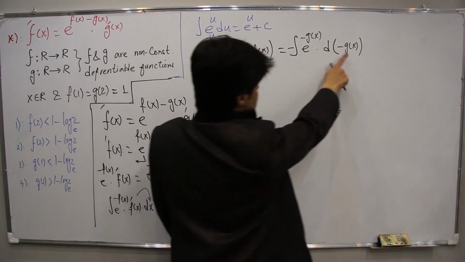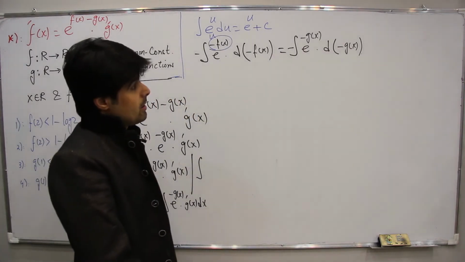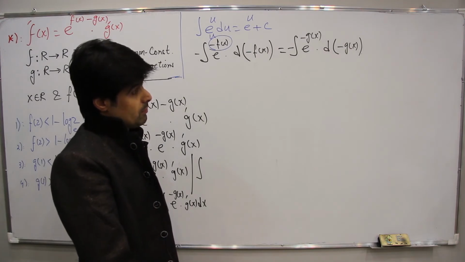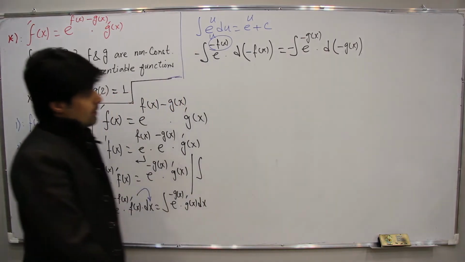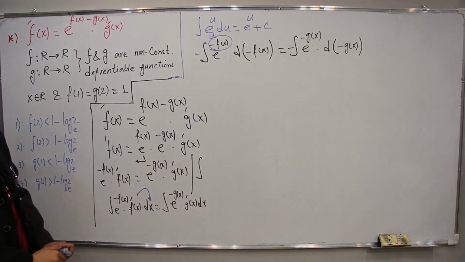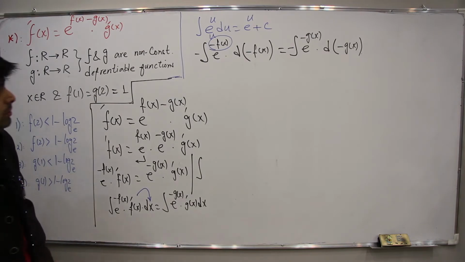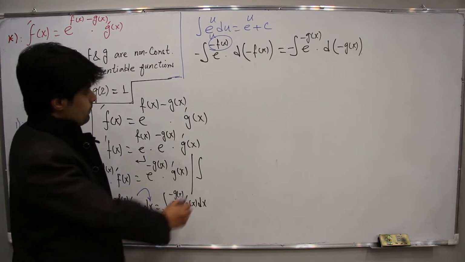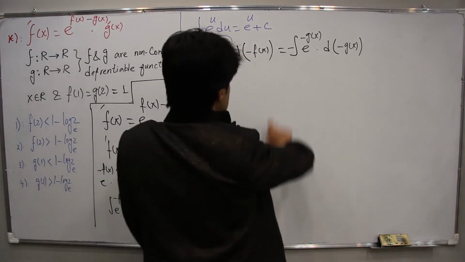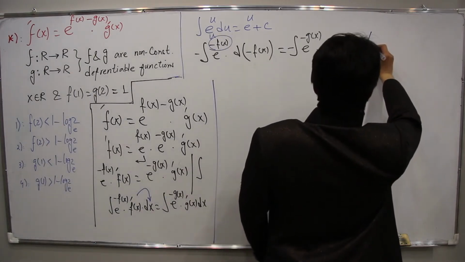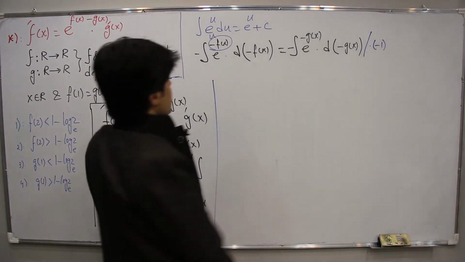Now what's the differentiation of d minus g(x)? D minus g(x) is minus g dash x dx, and we have 1 minus here, and this minus they become, I think, positive. Okay, it's right. Now what should I do? In here, this minus and this minus, I think you can multiply or divide by -1 on both sides.